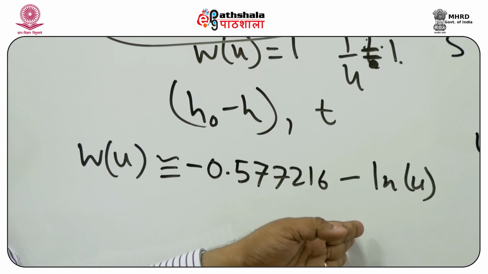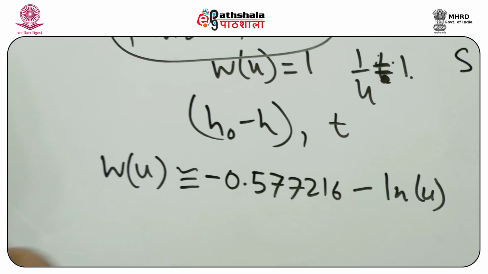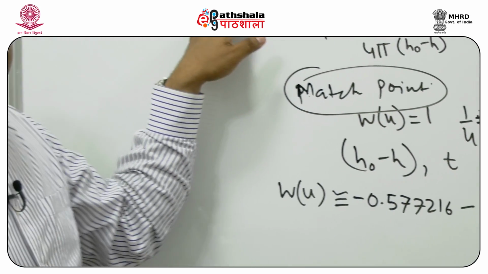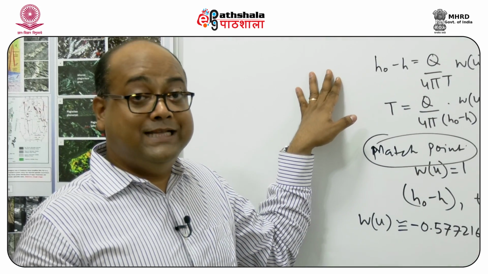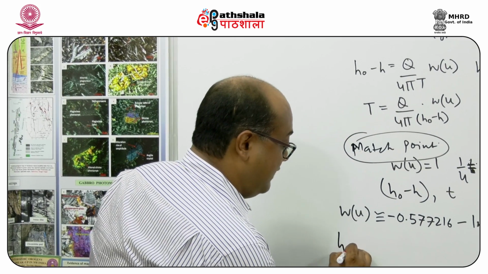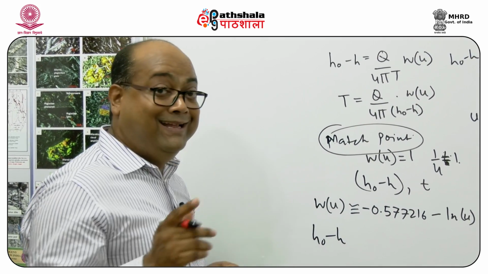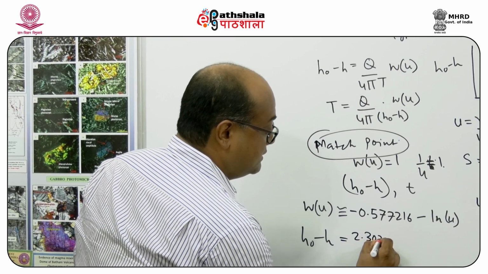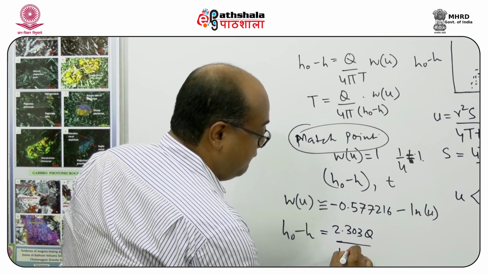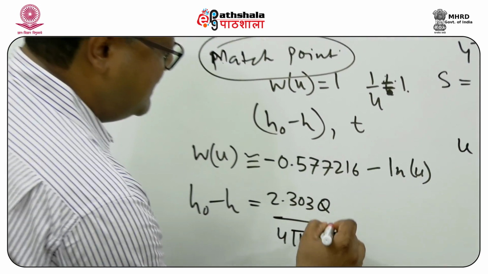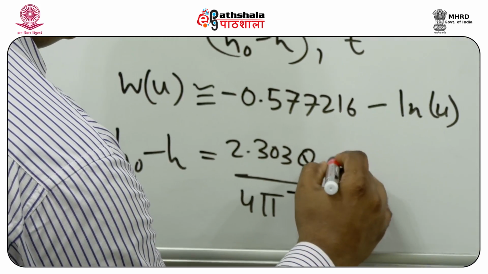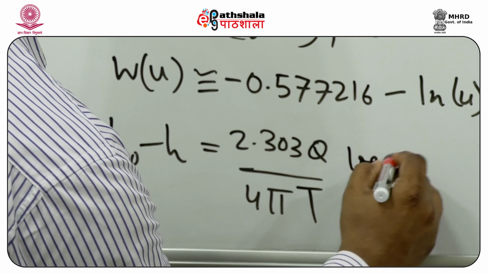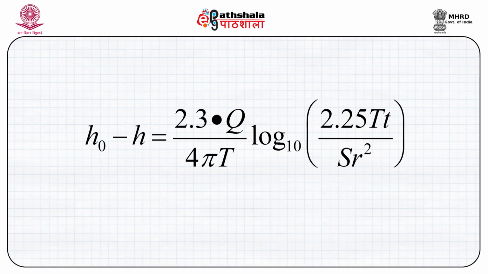So the drawdown h0 minus h by the Jacob method equals 2.303 Q by 4 pi T, log 2.25 T t by r squared.